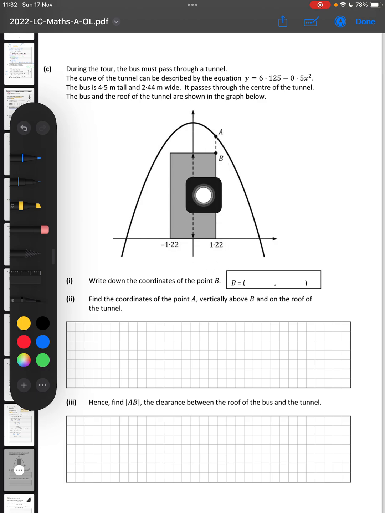So my coordinates are literally from the center. My x coordinate is 1.22 outwards, so here, 1.22. And then crossways here, it's 4.5.